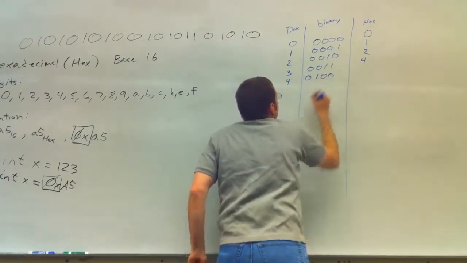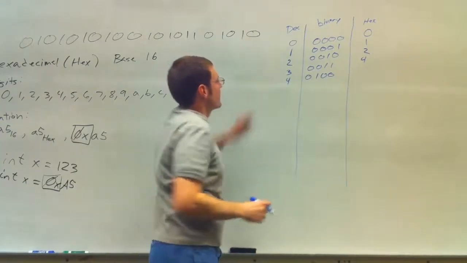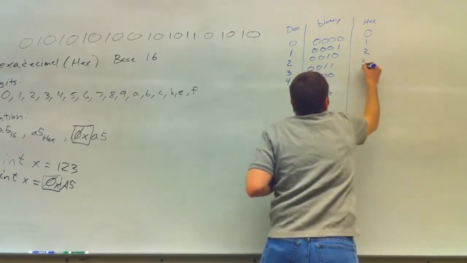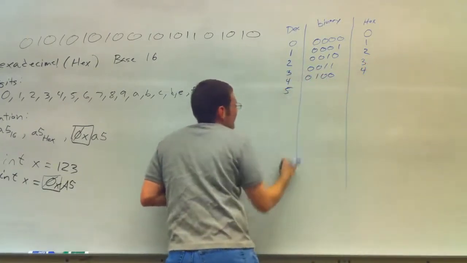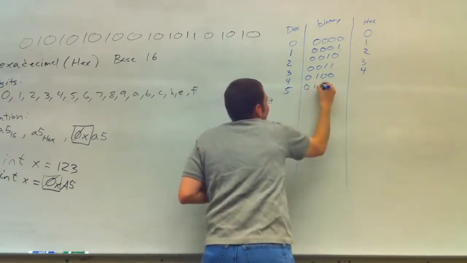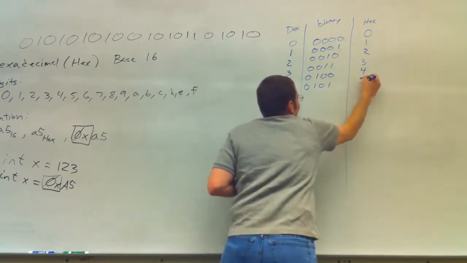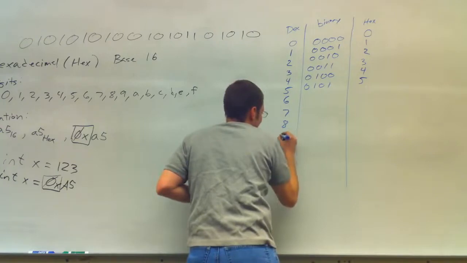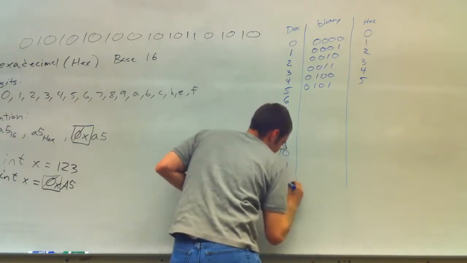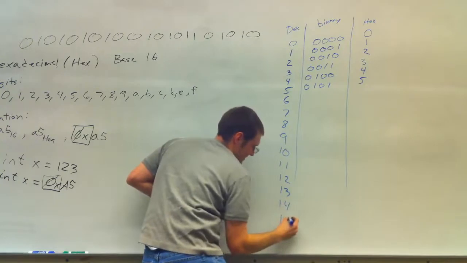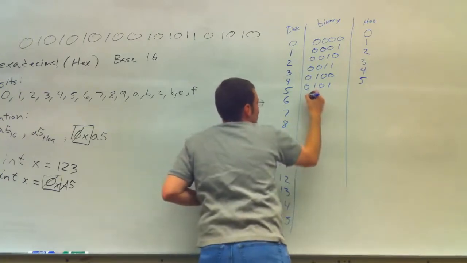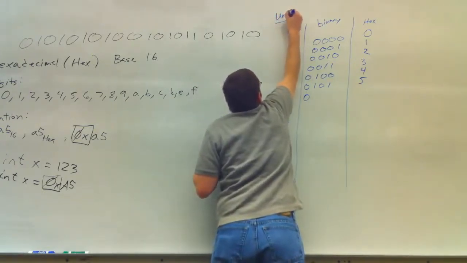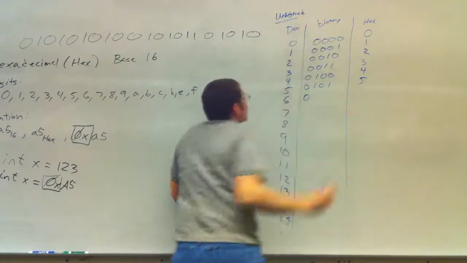What happened to 3? Wouldn't hex be 3 there? Okay, yeah, I skipped ahead of myself. 3 here. Alright. I'm counting down this way as I'm going across. So make sure you clarify this is unsigned.